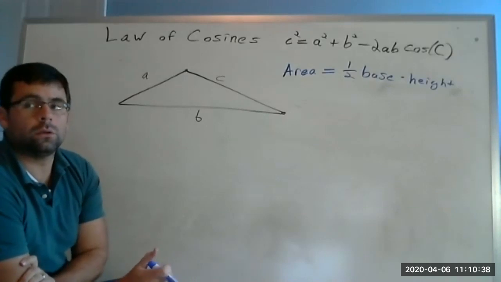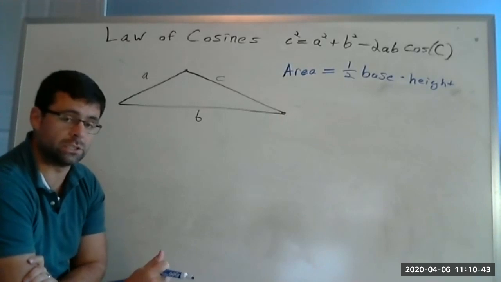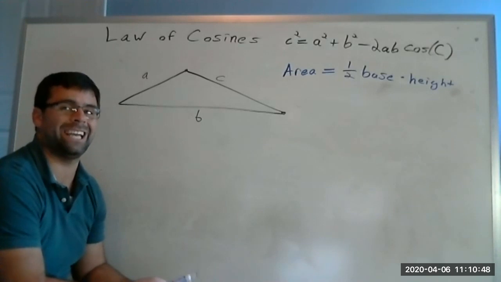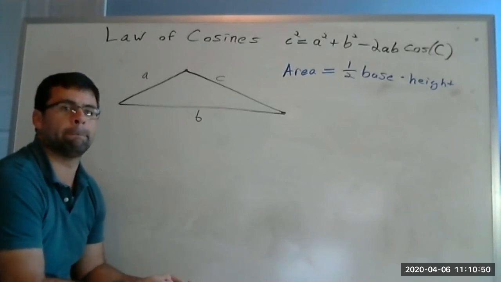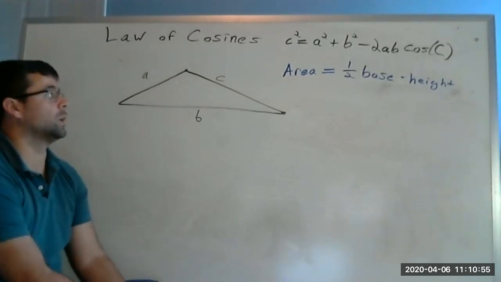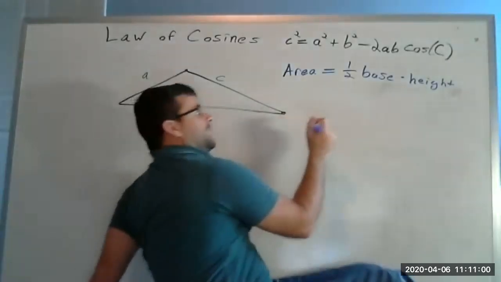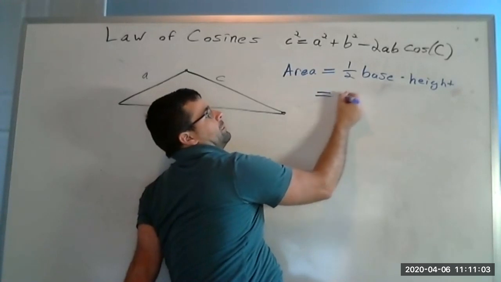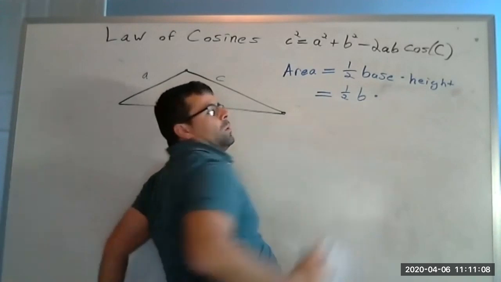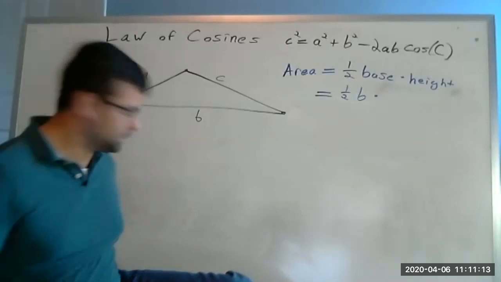What do we already have for the equation for area? The base, yeah. In this case, I drew it so that the base is actually just side B. What is the height of this triangle?